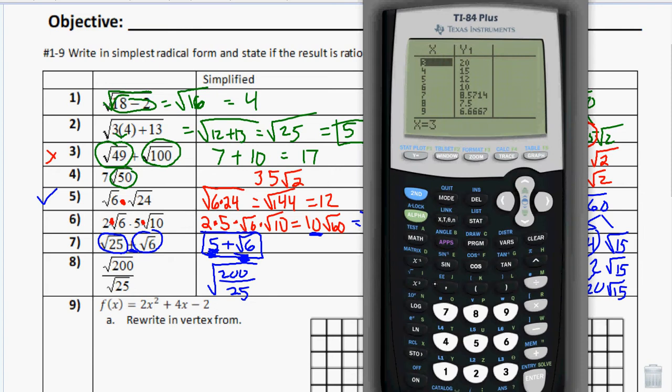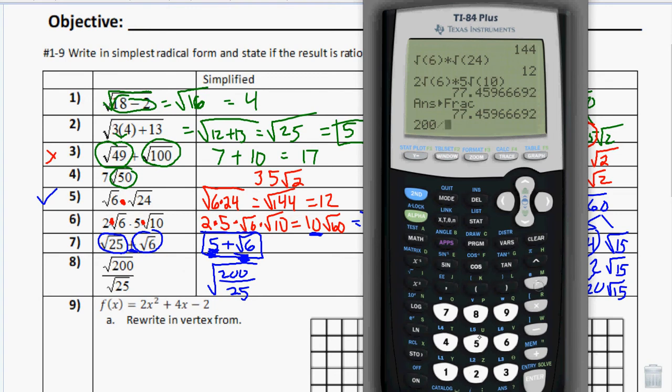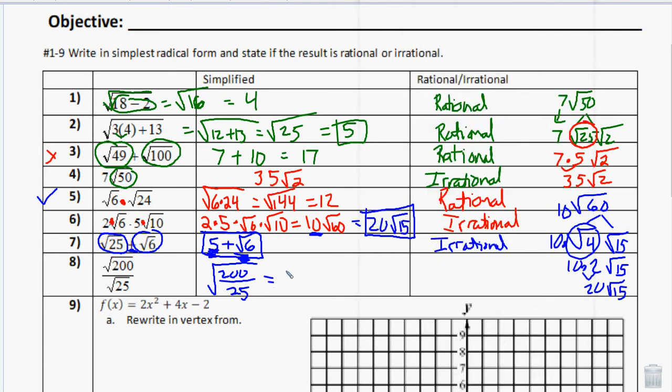So that would probably be the quicker way of doing it. 200 divided by 25, I would hope that you would know this already, is, of course, 8.